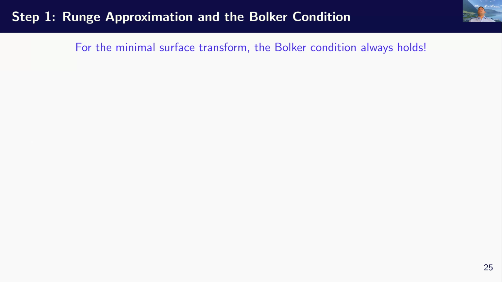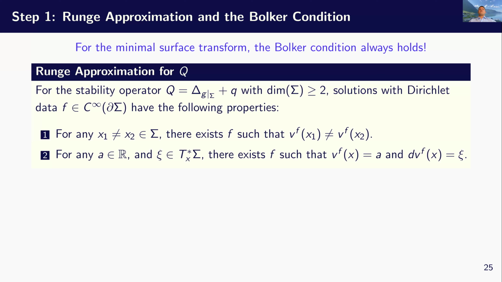For the minimal surface transformation, the Bourget condition always holds. And that is based on this Runge approximation. So the stability operator, as I said, the linear operator is just the Schrödinger operator, Laplace plus Q. And for that, you have the Runge approximation result, which says the following.